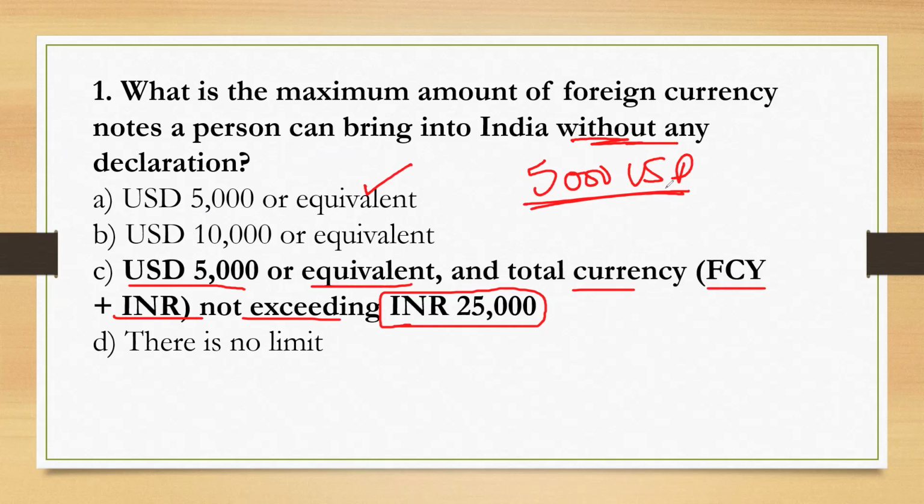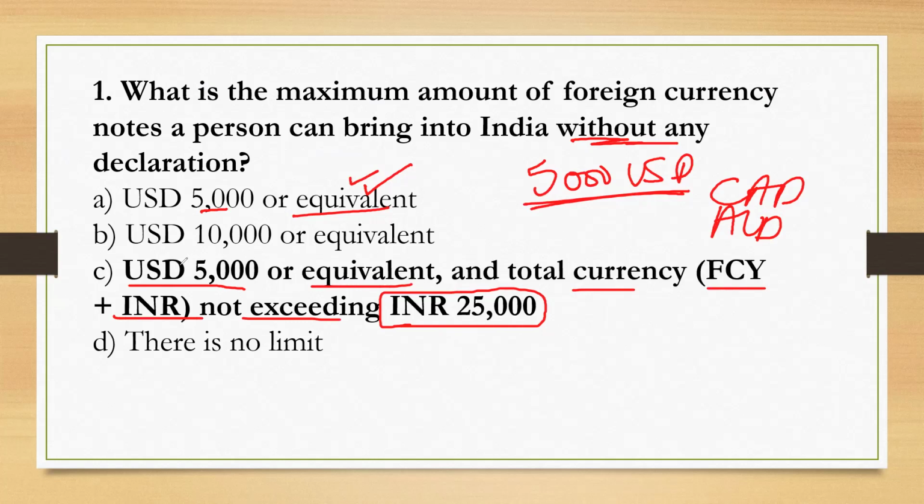So suppose he is not bringing USD, he's bringing Canadian dollar, or Australian dollar. Okay, so in this case, we will see the equivalent portion, USD 5,000 or equivalent. But here one option was also including INR, because the question is the maximum amount of foreign currency notes a person can bring.